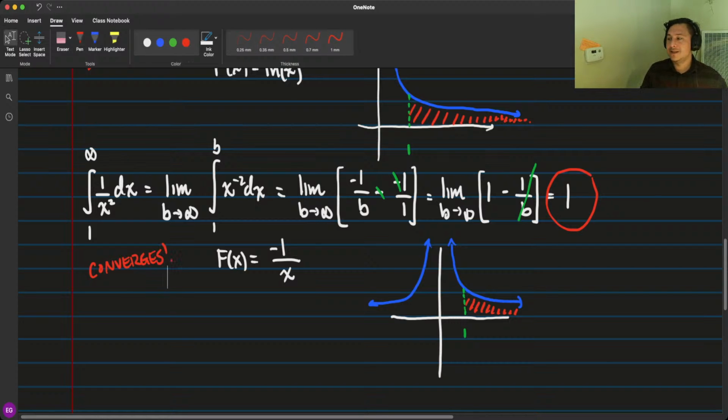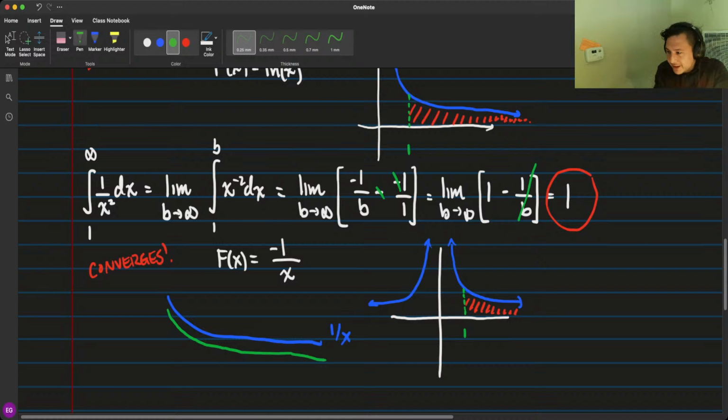Yeah, it is. Somehow, and they look so similar. If you graph 1 over x and 1 over x squared, they look basically the same. But 1 over x squared approaches its horizontal asymptote slightly faster. If you were to graph it, 1 over x would look like that the whole way through, and then 1 over x squared would look like this.